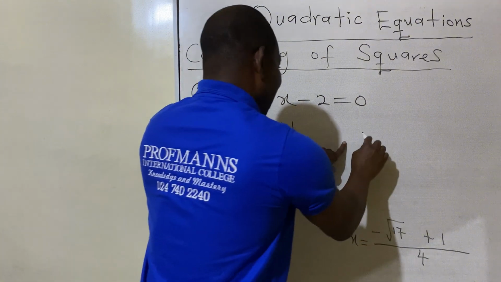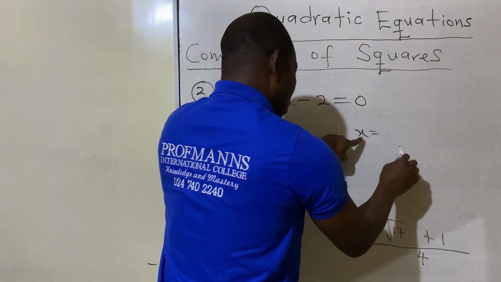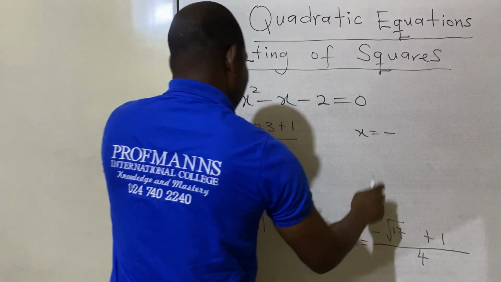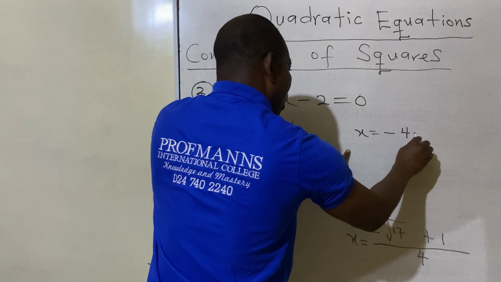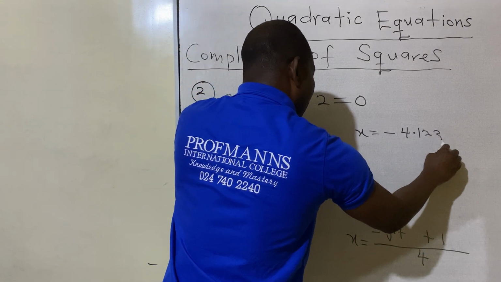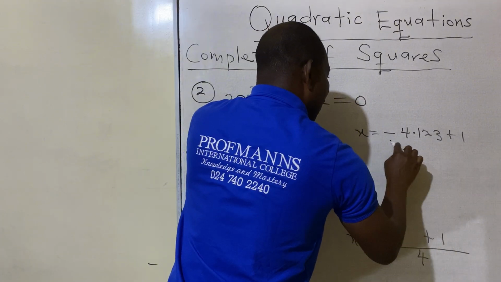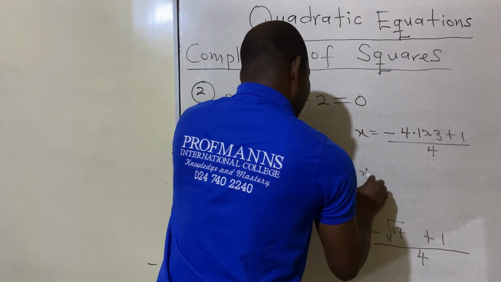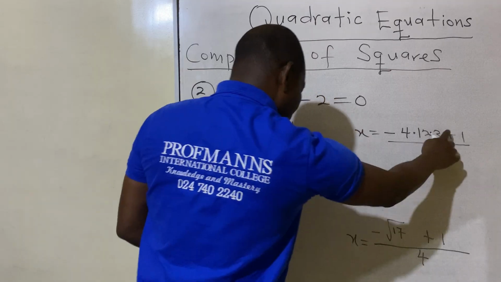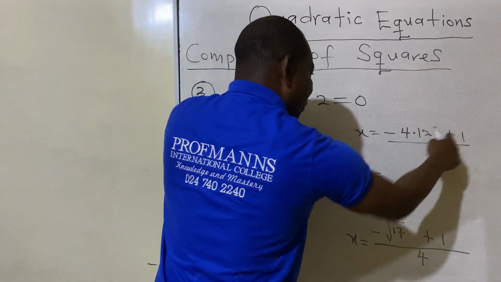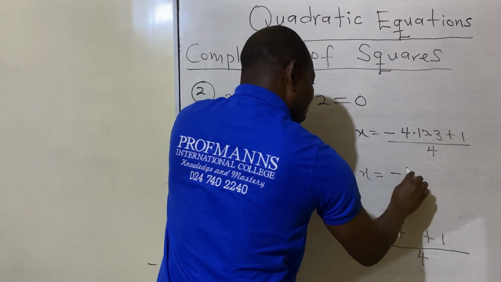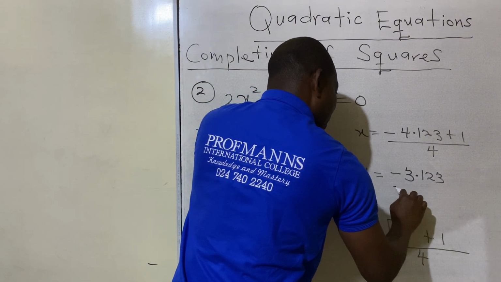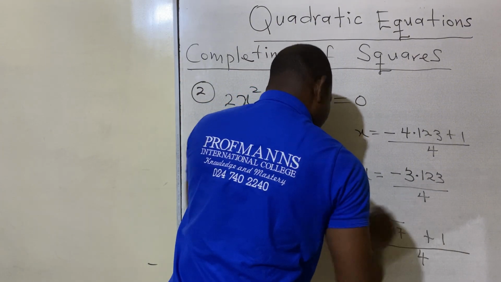Here, it gives us x is equal to minus root of 17 is 4.123 plus 1 all over 4. X is equal to, when we do the subtraction, we do the simplification, it gives us minus 3.123 over 4.